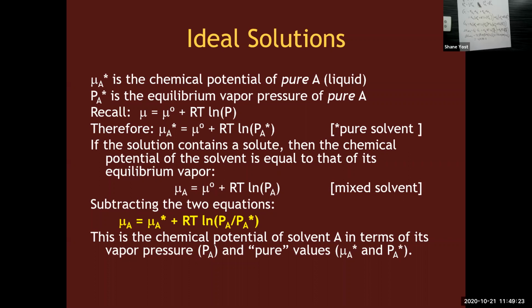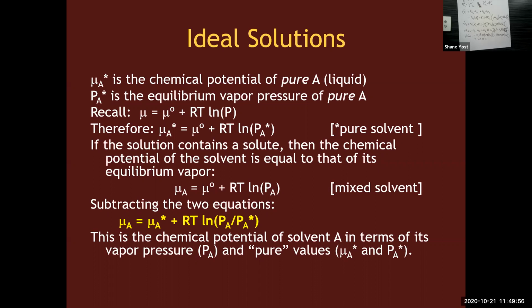We'll use it here in talking about an ideal dilute solution. And this is in general true for any liquid mixtures, real, ideal, whatever: the chemical potential of A in the mixture is related to its pure chemical potential plus RT times the natural log of the vapor pressure of A in the mixture divided by the vapor pressure of A for the pure solvent.